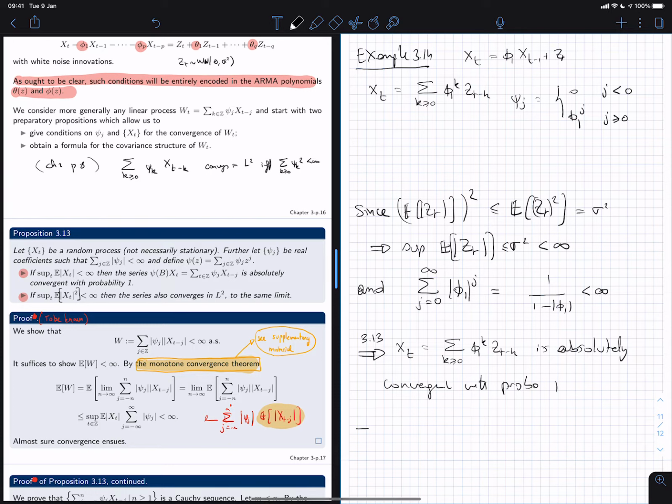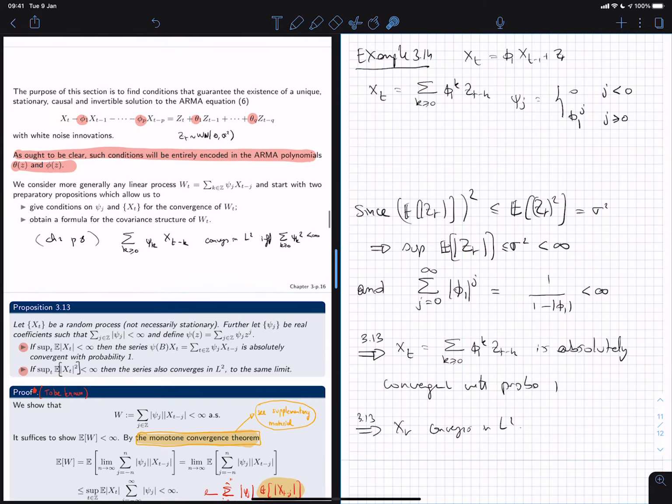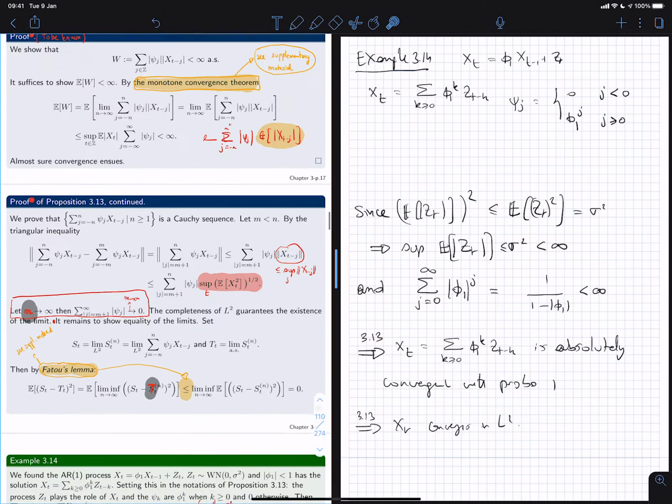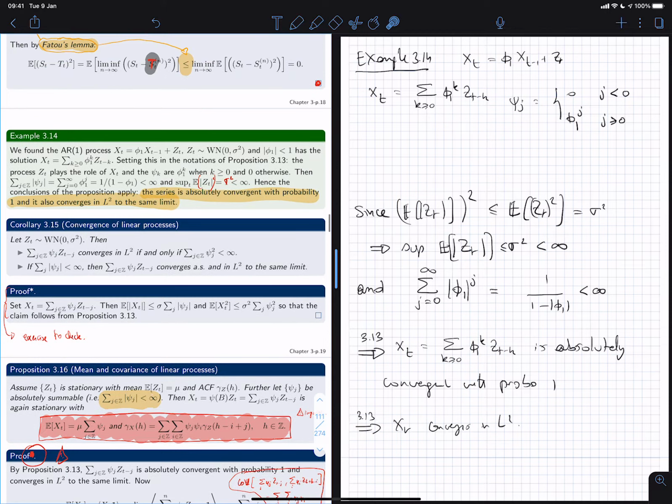And we can also, but we already knew it, say that Xt converges in L2. So applying this proposition 3.13 just allows us to confirm things that we already knew, and so we get the conclusions that are here. Okay? You're still there? You seem to be still there.